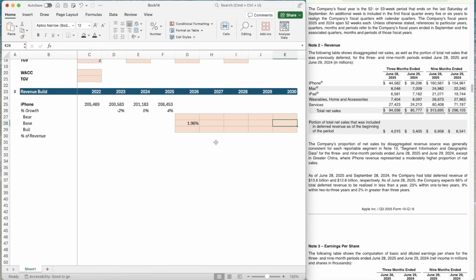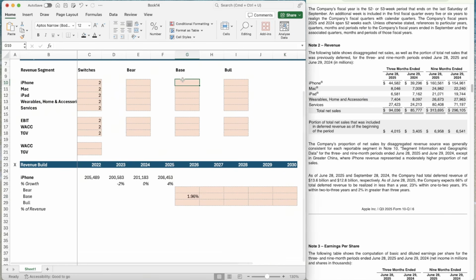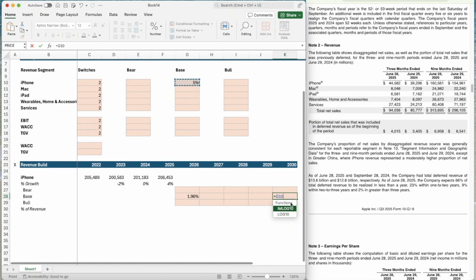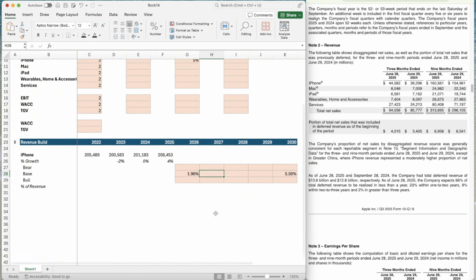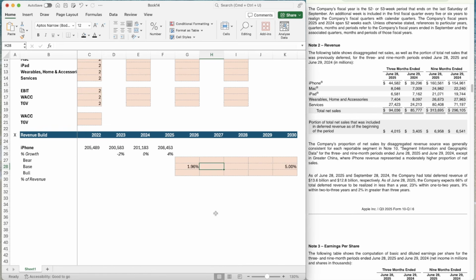Then we'll forecast up here, let's say it gets to 5%. Make this cell equal to what you have up here, because if we change it up here, it will then change down here as well. Now, what we want to do is forecast these next few years of growth.